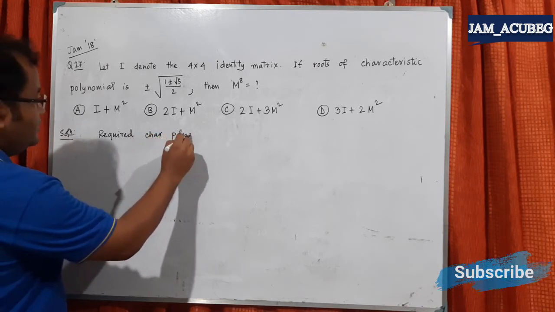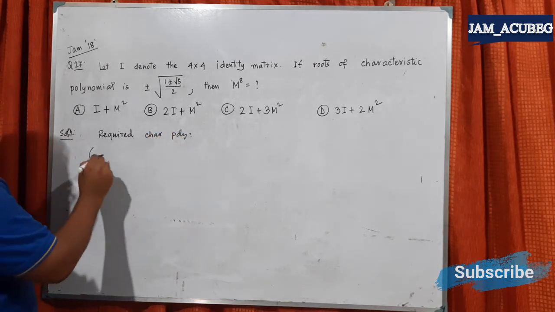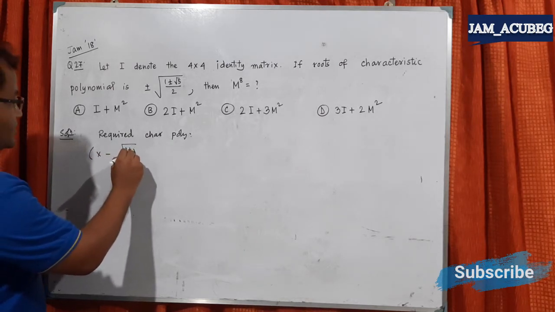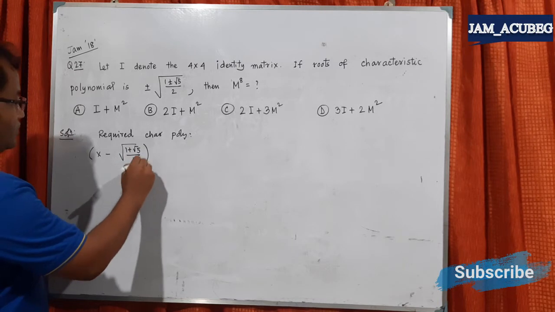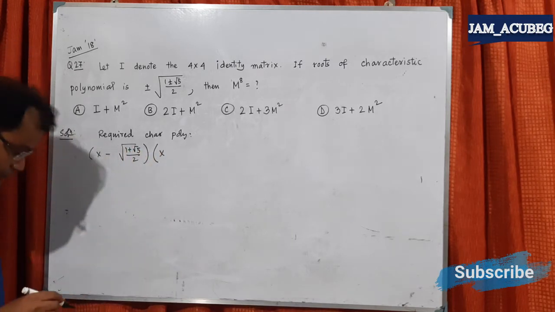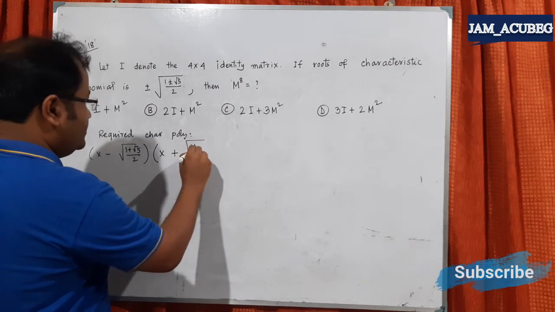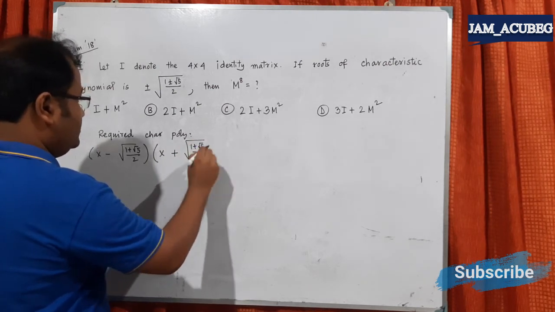characteristic polynomial? It will be something like this: x minus root over 1 plus root 5 by 2, x plus root over 1 plus root 5 by 2. Okay.